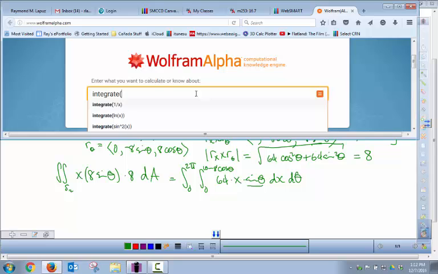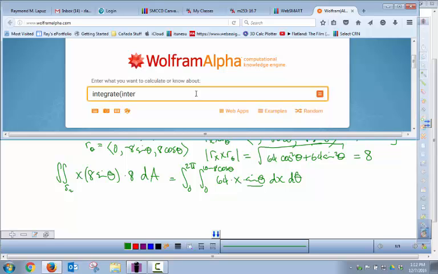So there's two of them. It's a double integral. And I'll just choose to do it all at once. I have a 64, which we should have brought outside, times x times sine theta. Just call it t. All right, so that's the integrand.